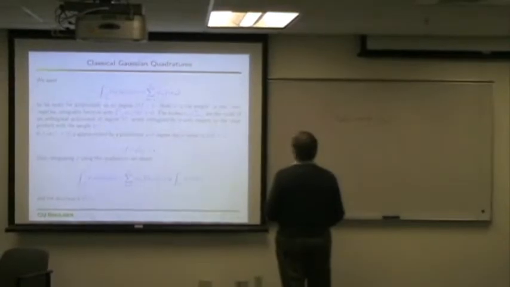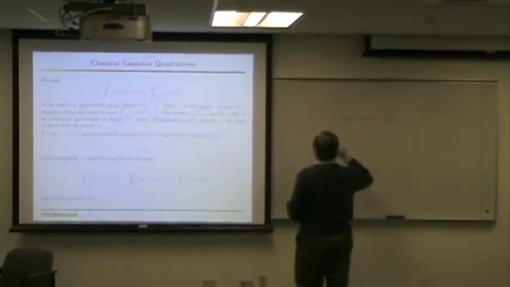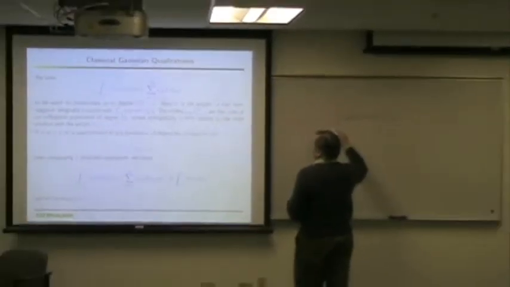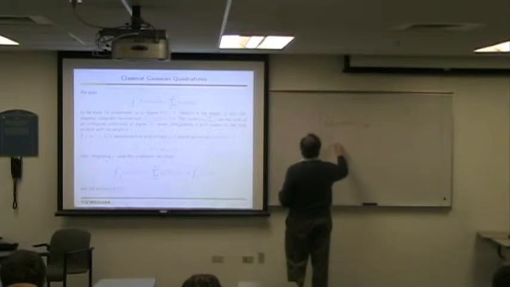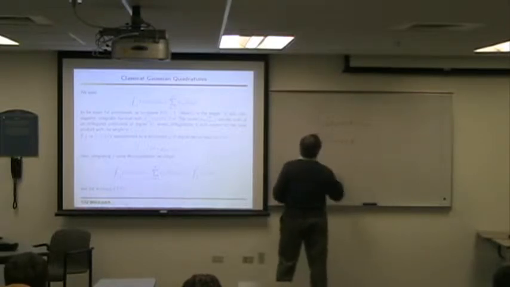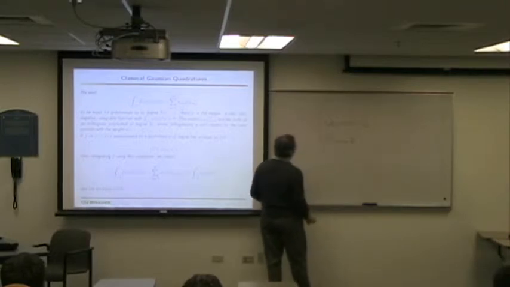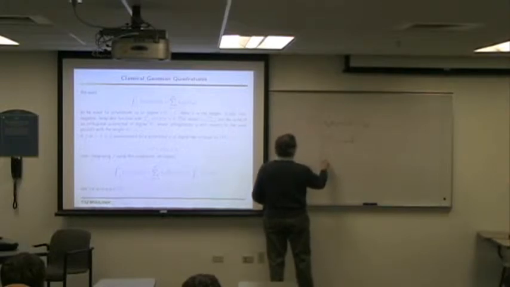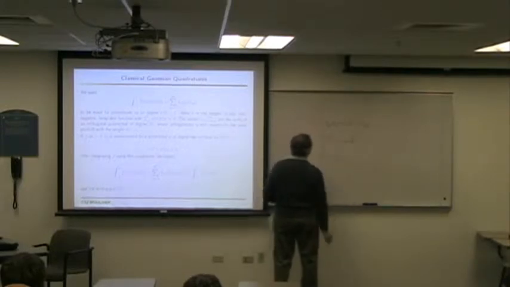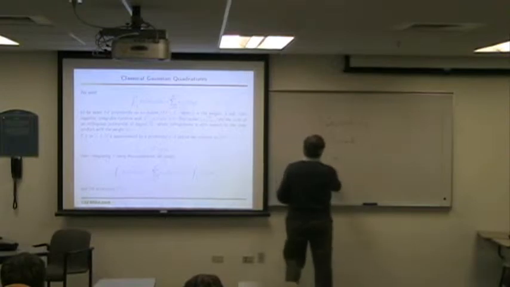Basically, what happens if you have an integral from minus 1 to 1 of, let's call it, calligraphic P of x, W of x, dx, and this calligraphic P is of degree 2m minus 1.